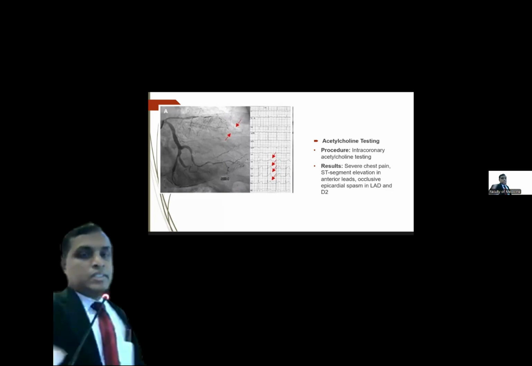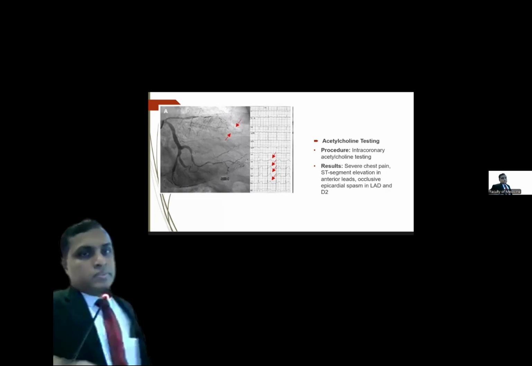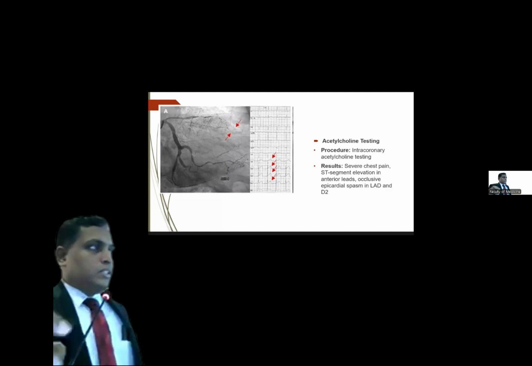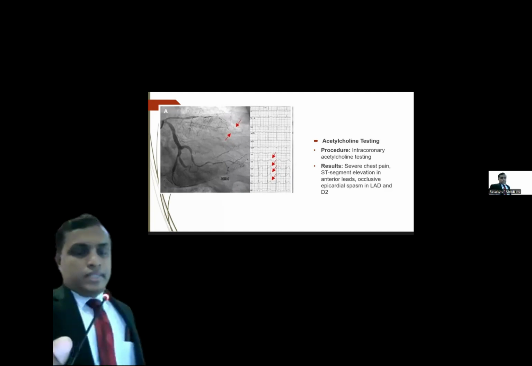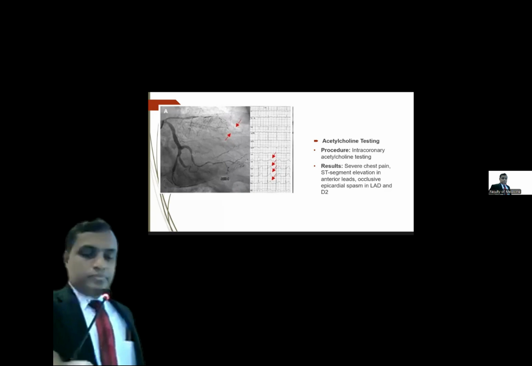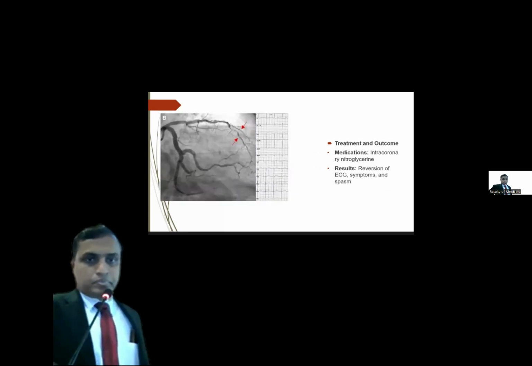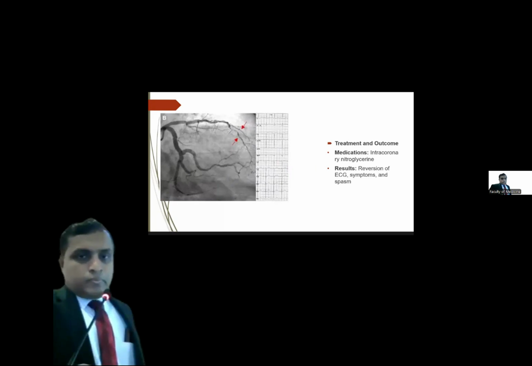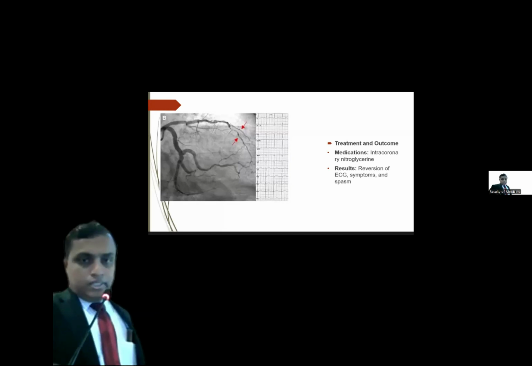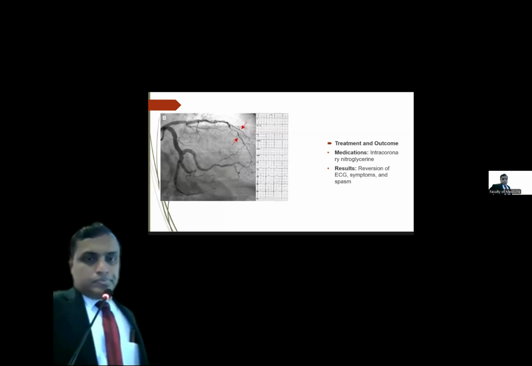So usually, if the coronary arteries are normal, with the infusion of acetylcholine, nitric oxide will be released from the endothelium and there will be coronary dilatation. But in diseased coronary arteries, there will be spasm. With intracoronary nitroglycerin, there was reversal of the ECG changes and symptoms.